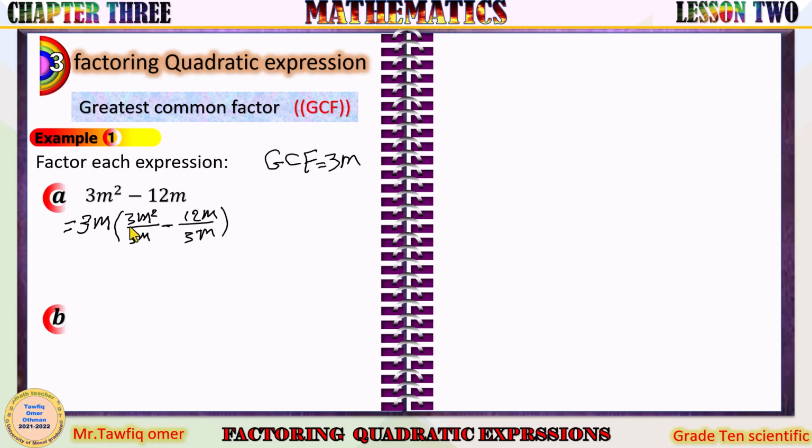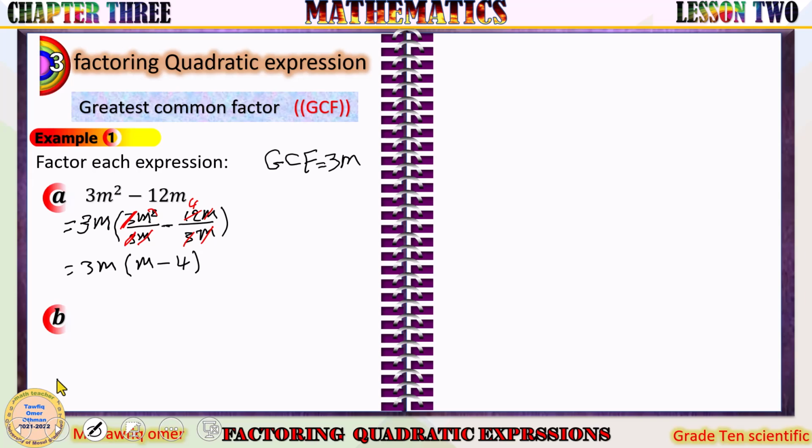And now cancelling 3 with 3 and m with the power, and 3 with the 12 is 4, and m cancelling with m. Remain 3m, open the bracket, here remain m minus 4. This is how we factor using the greatest common factor.